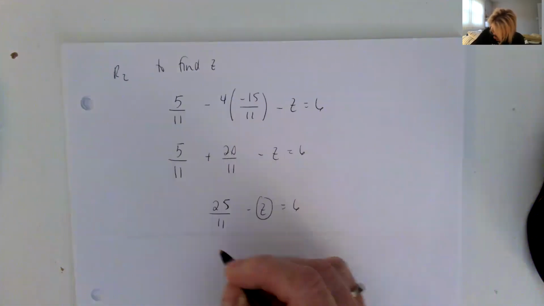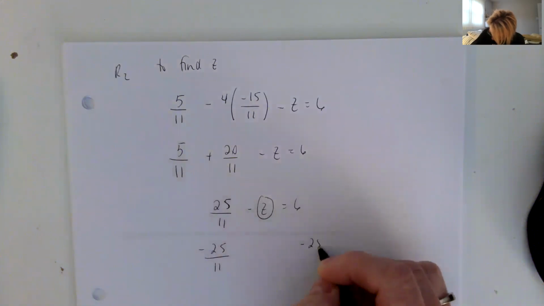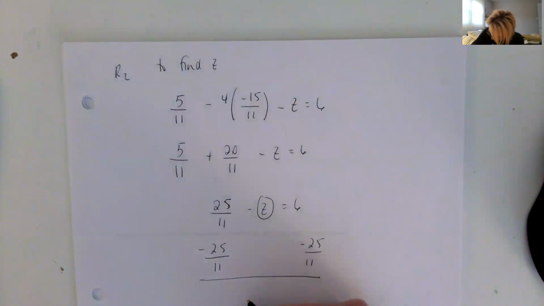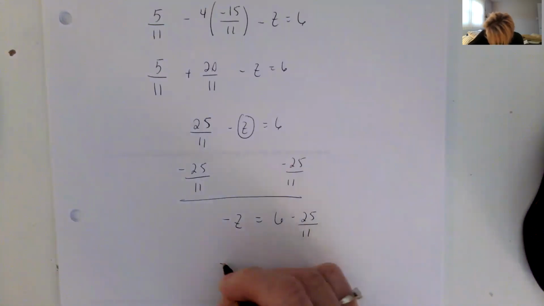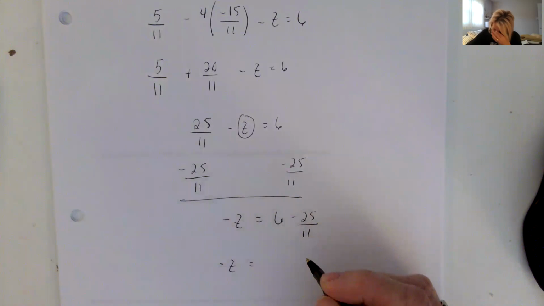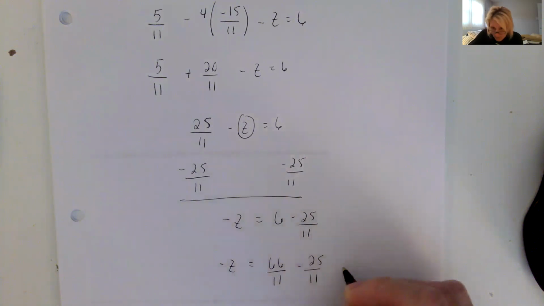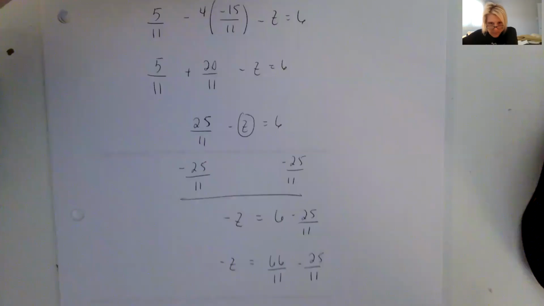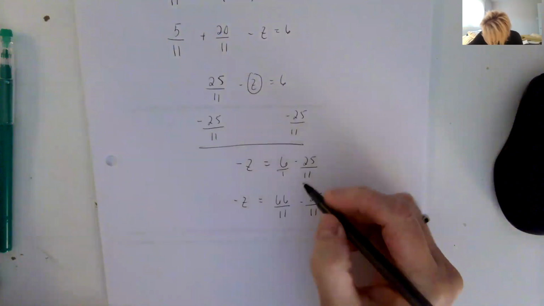Okay. So I'm going to subtract 25/11 from both sides. So we still have a negative z. So 6 minus 25/11. Getting the common denominator will be 66/11 minus 25/11, because it's 6/1.